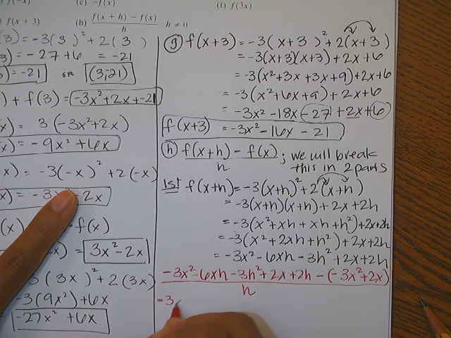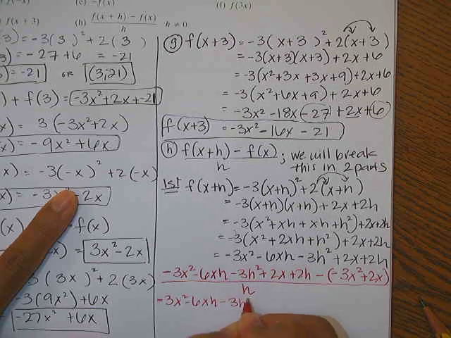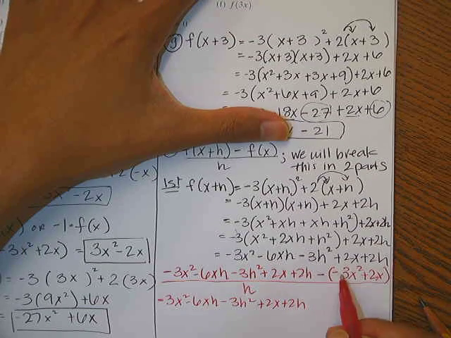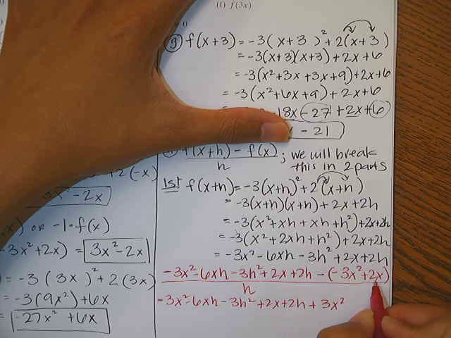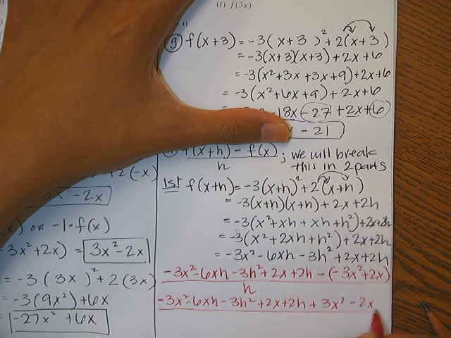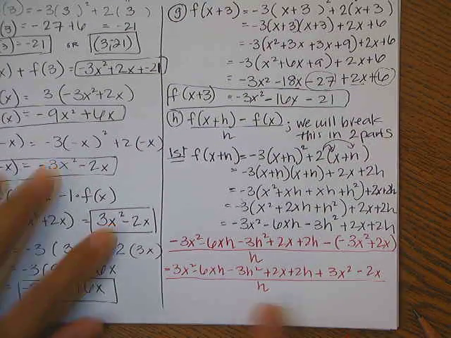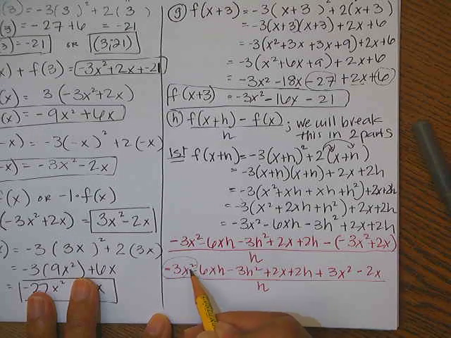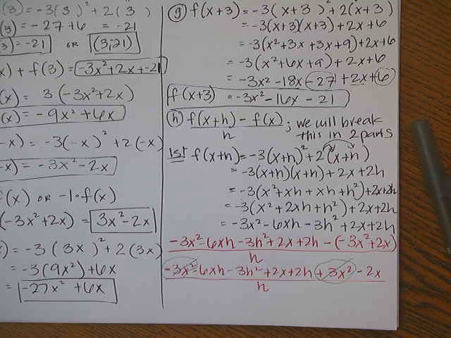So distribute my negative. Let me just copy the first few things down because there's nothing here in the front to distribute. Okay? So a negative and a negative will give us a positive 3x squared. Negative and a positive 2x will give us minus 2x. And I might run out of space, so I might turn to the back, okay? And then divided by h. So if you look at my negative 3x squared and a positive 3x squared, those will be canceled out.